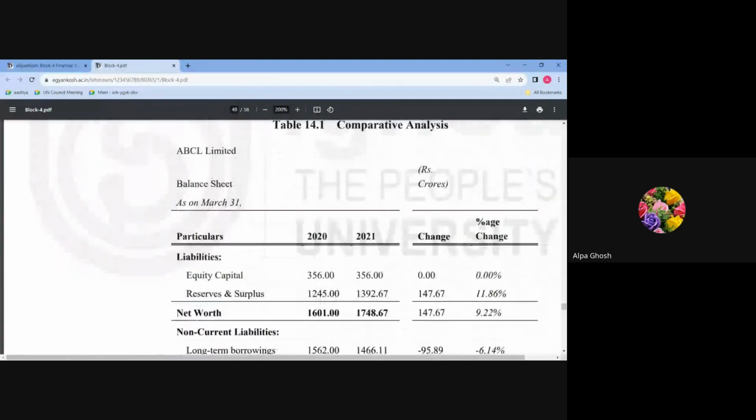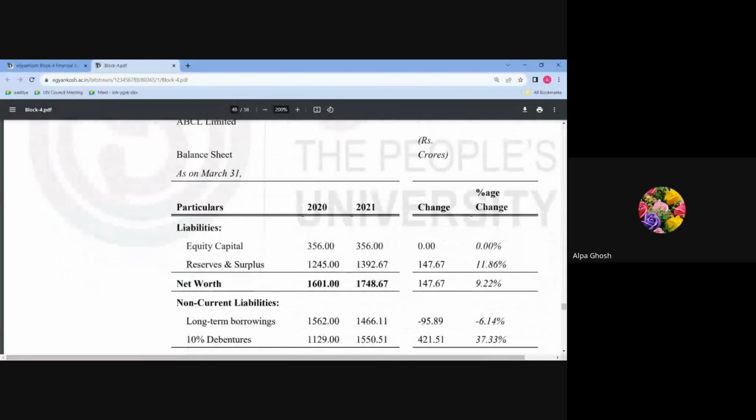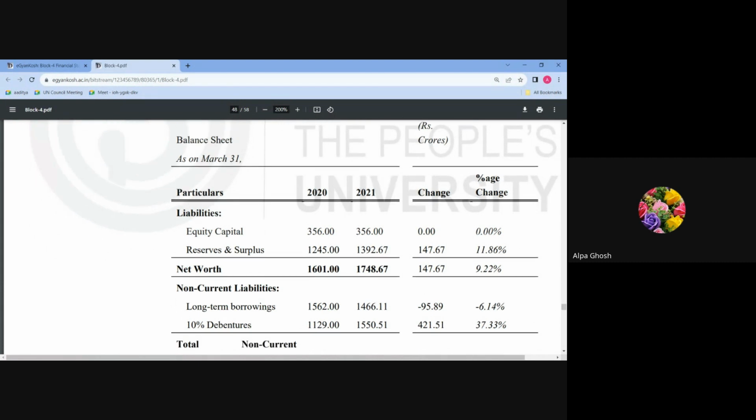The comparison is like this. There is a format. You will be given the data for 2 consecutive years for which the comparison has to take place.